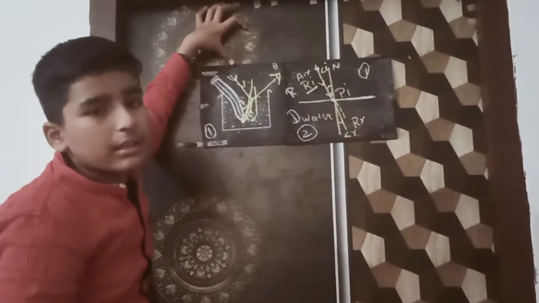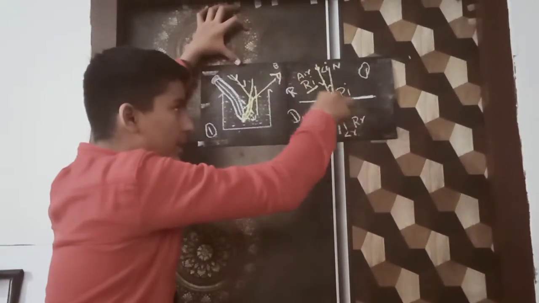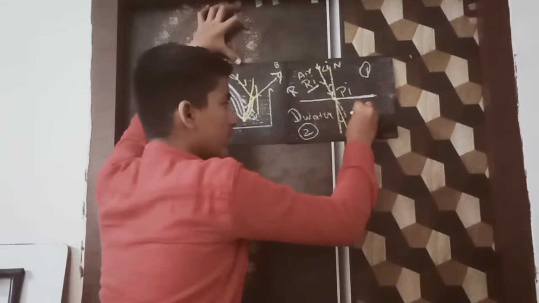In this condition, when a ray of light moves from a denser to a rarer region, it moves away from the normal.